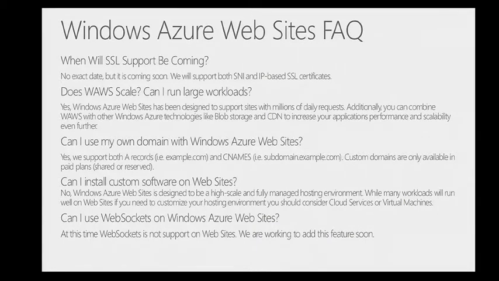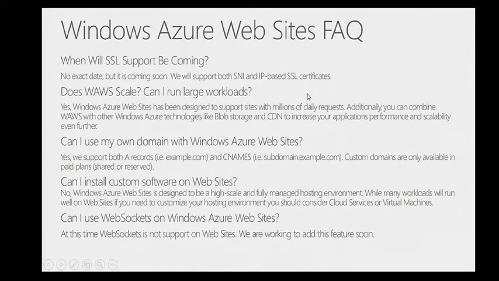So we do support CNAMEs and A records on shared and reserved, but still, the one thing that we're missing is essentially SSL support for custom domains. So if you want to have SSL on your www.mysite.com, it's not there today, but in the future, we can't say when, we'll support SNI and IP-based SSL certs.